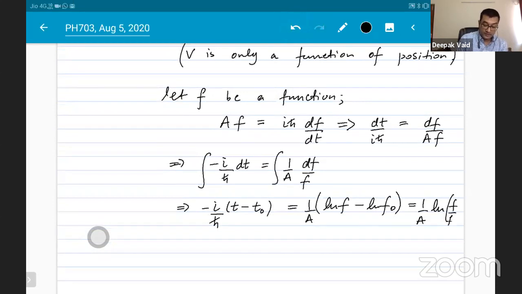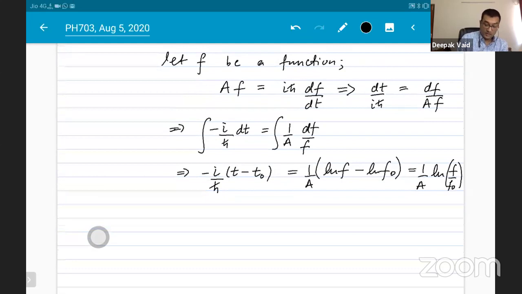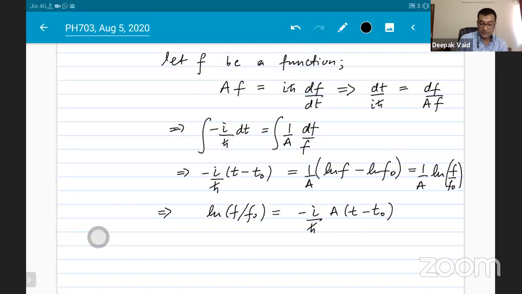So this can be written as log of f by f naught. So now this expression becomes log of f by f naught is equal to minus i over h bar A times (t minus t naught). And we can set our initial time to be 0. We can always make a choice. It doesn't cost us anything.